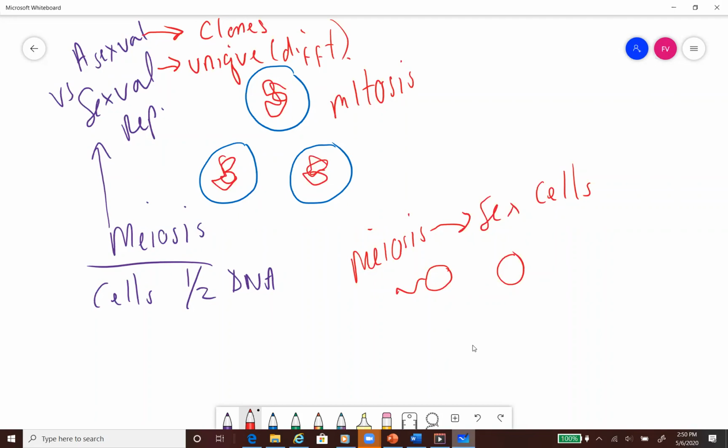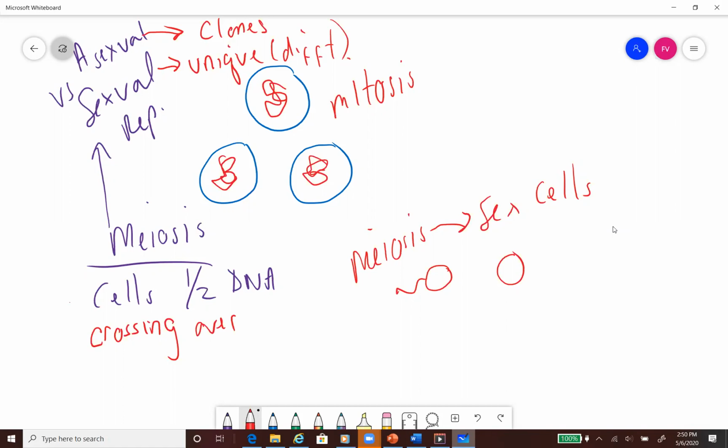So the job of meiosis is to mix up the DNA through a process called crossing over. And that gives you new possibilities. Now, you can see there's a huge difference between meiosis and mitosis.